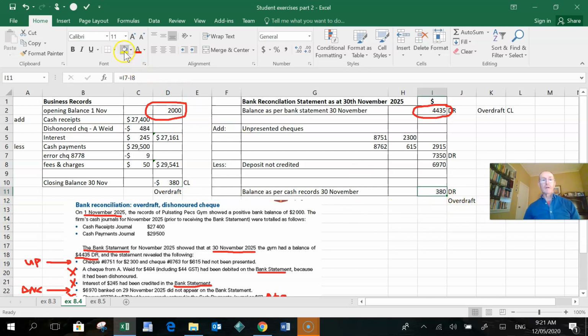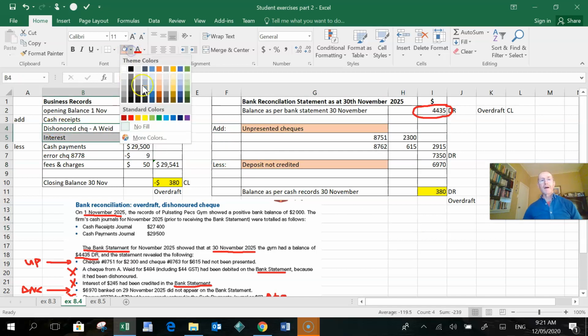So again, we've got the reconciliation completed by doing the process of identifying what things the bank would not know about. And again, there are only two things the bank will not know about. It will not know about unpresented checks or deposits not yet credited. In your accounting records, there are a variety of things that you may not know about.